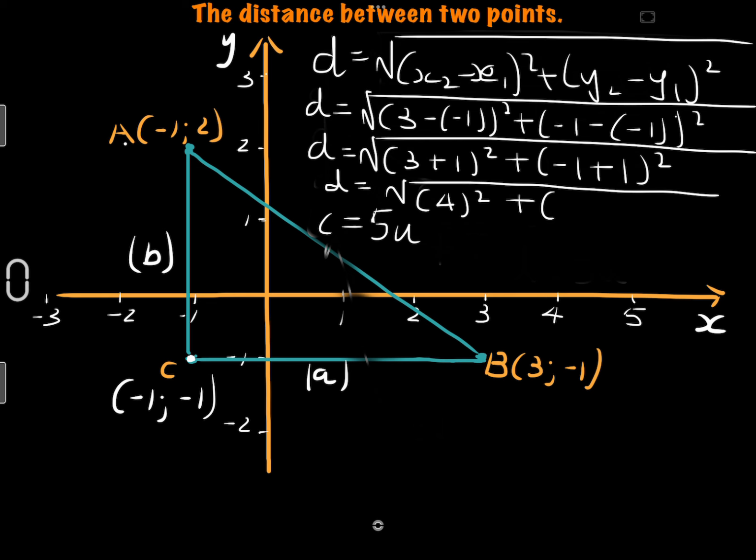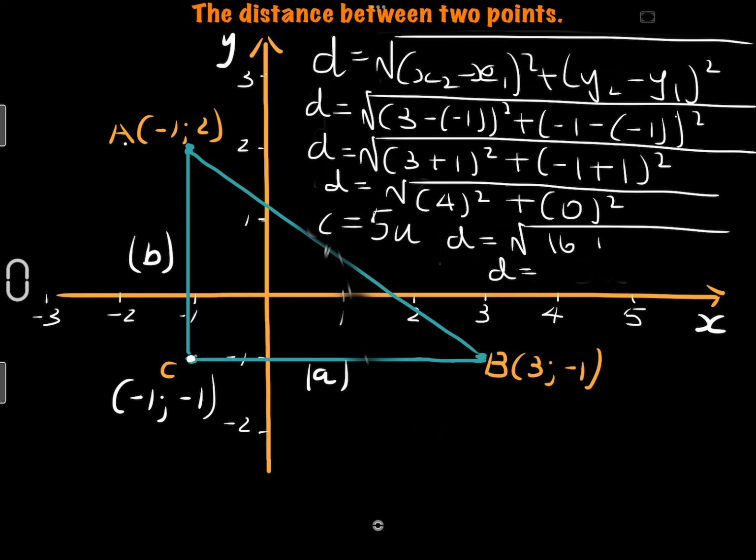3 plus 1 gives us 4, raising that to the second power, plus negative 1 plus 1 gives us 0. So d is equal to the square root of 4 times 4 gives us 16, and 0 times 0 simply becomes 0.